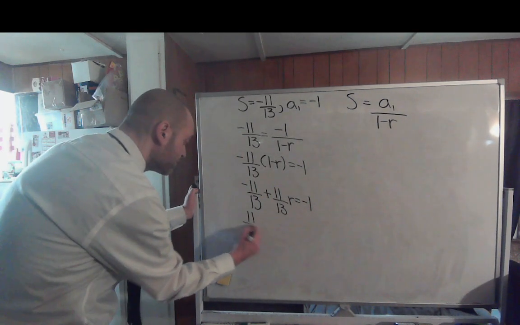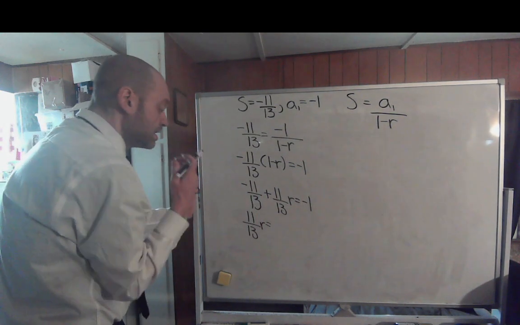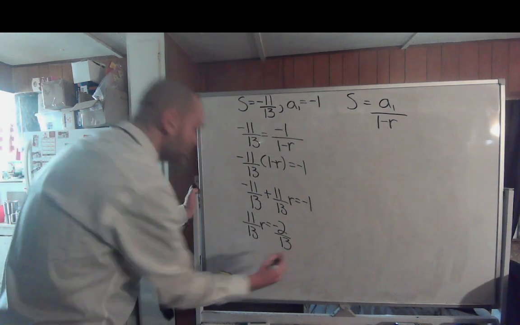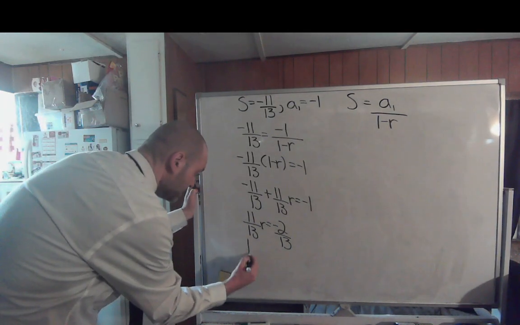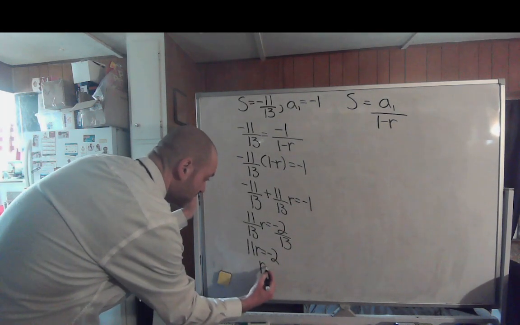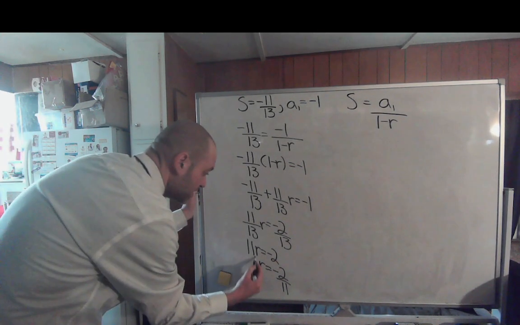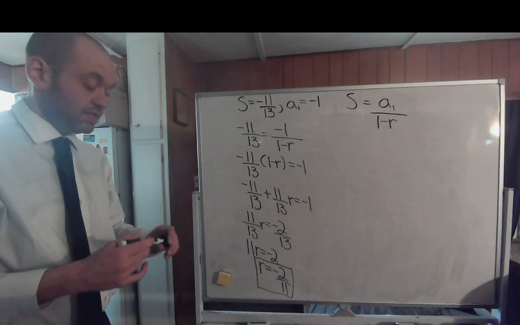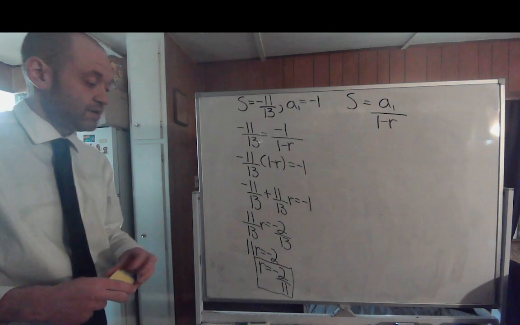So 11/13 r is going to end up equaling -2/13. So let's see, 11r would equal -2, meaning your common ratio of r would be -2/11. So you get a common ratio of -2/11 for this infinite geometric series.